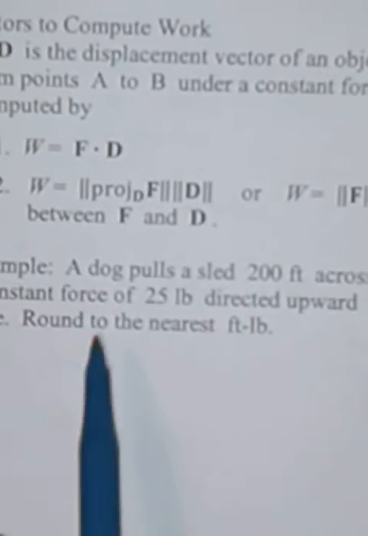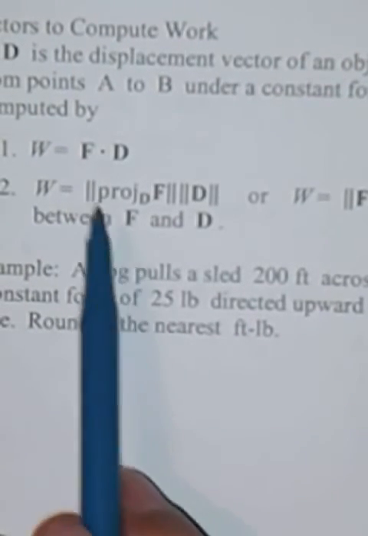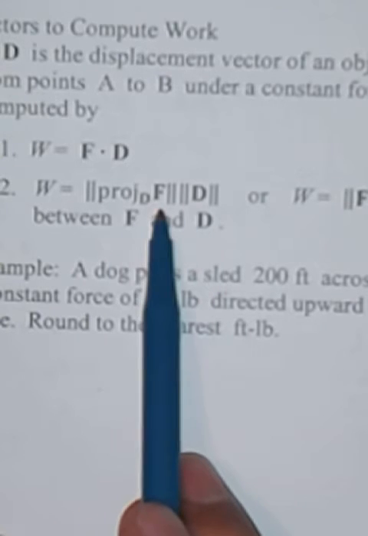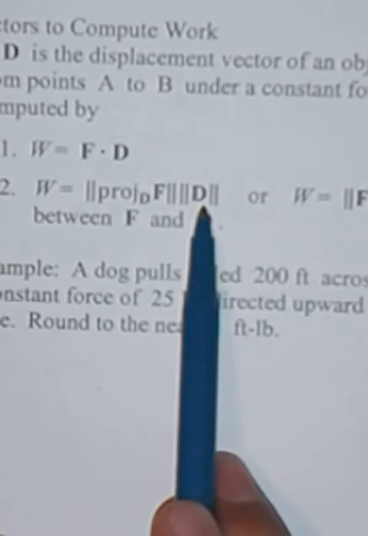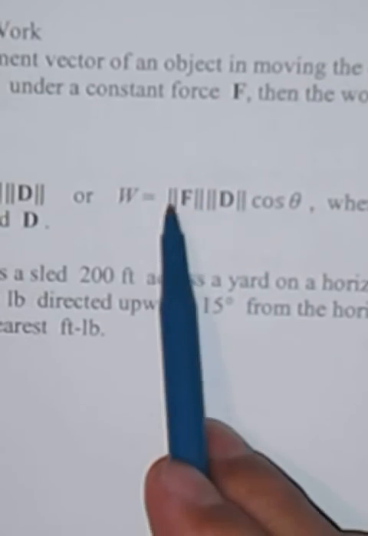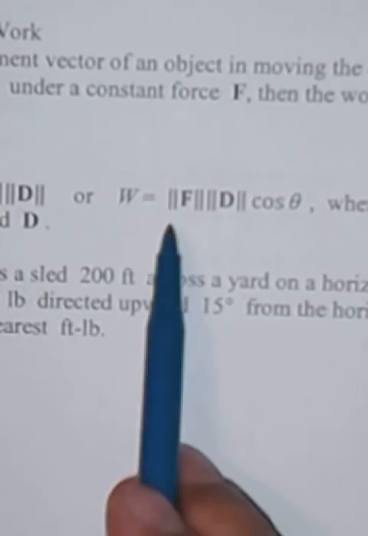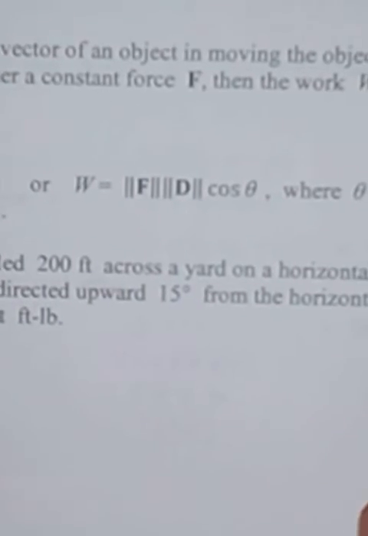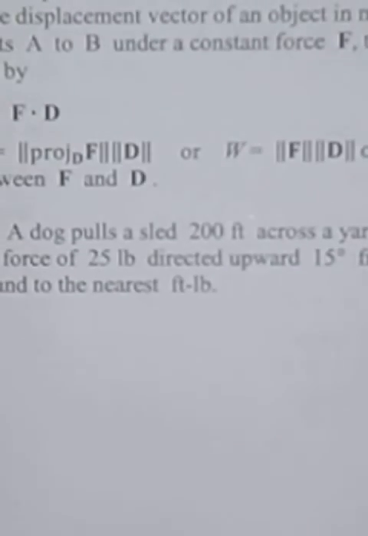It can also be thought of as the projection of F onto D times the magnitude of D, or magnitude of F, magnitude of D cosine theta, where theta is the angle between F and D. That's really the same thing as F dot D.